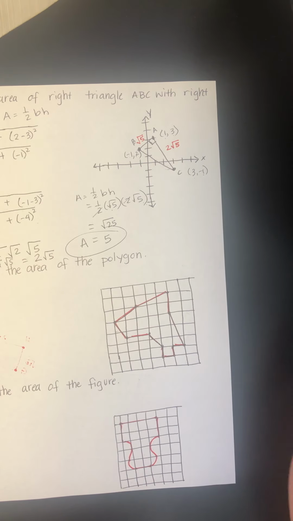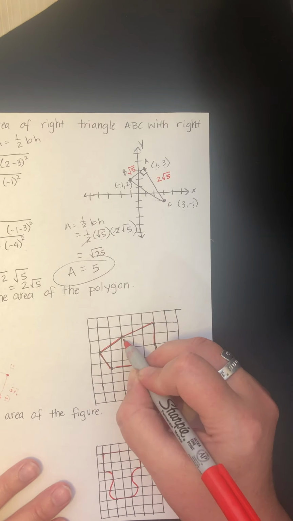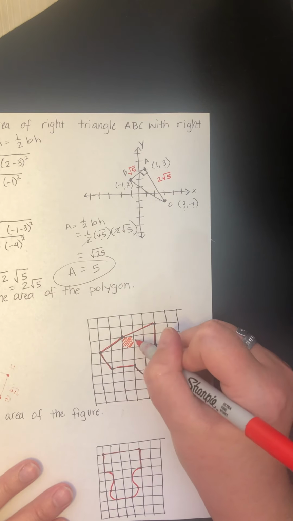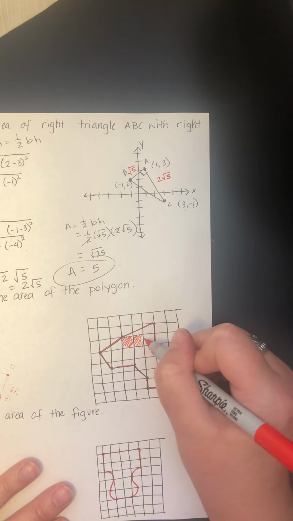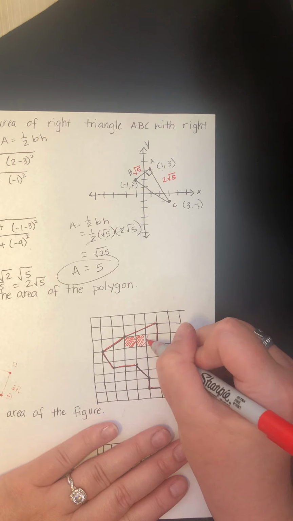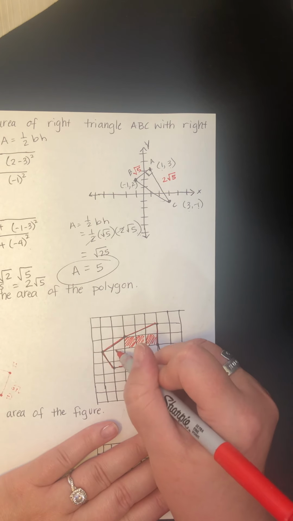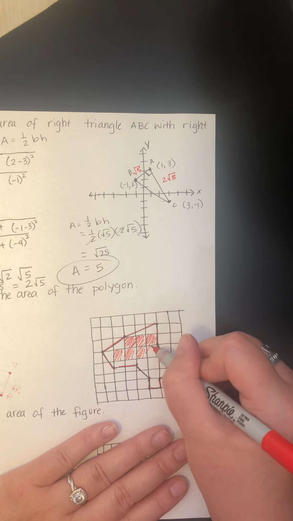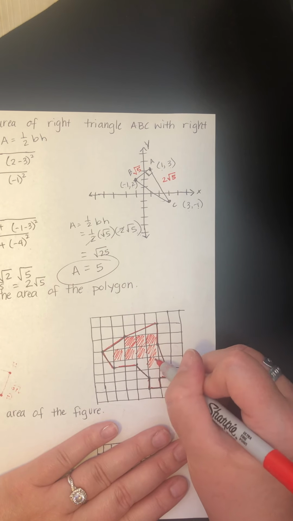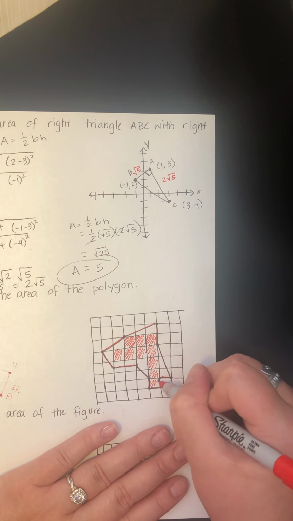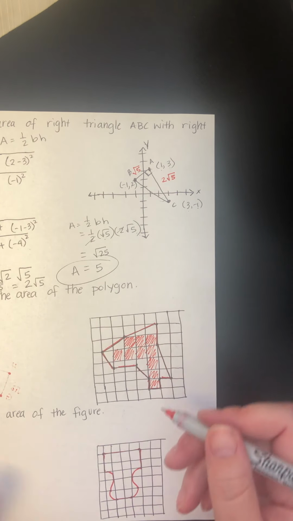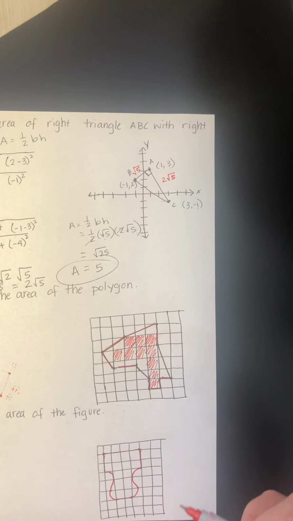Well, what you need to do is fill in all of the full squares that are inside your figure. 1, 2, 3, down here is 4, 5, 6, 7, 8, 9, and 10. We have 10 full squares. Now we know for the 10 full squares, that's going to be an area of 10.